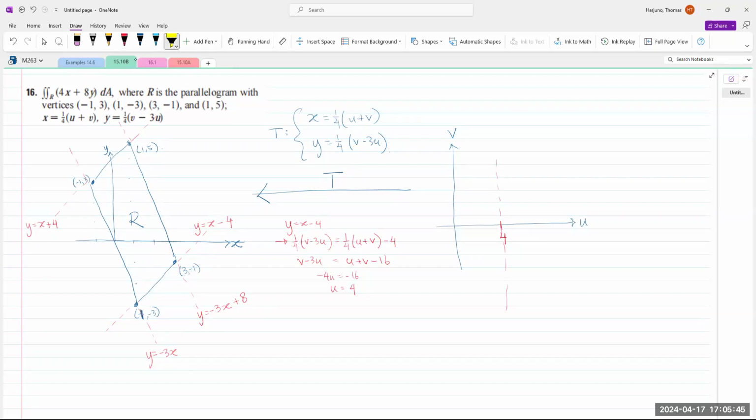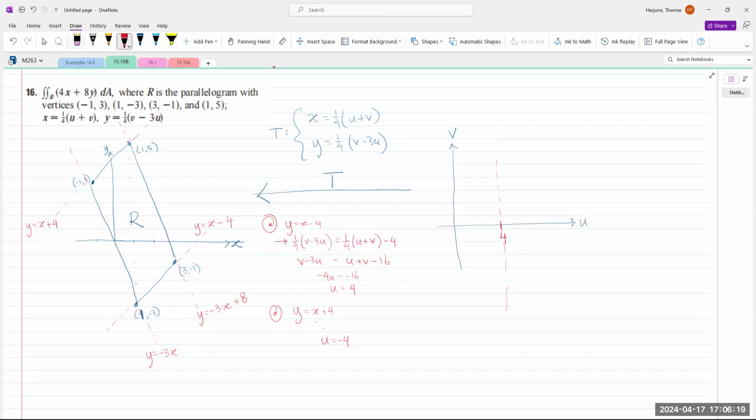So this line on the xy plane is the image of u equals 4. Now how about y equals x plus 4? I think I will get u equals negative 4. You can try it.